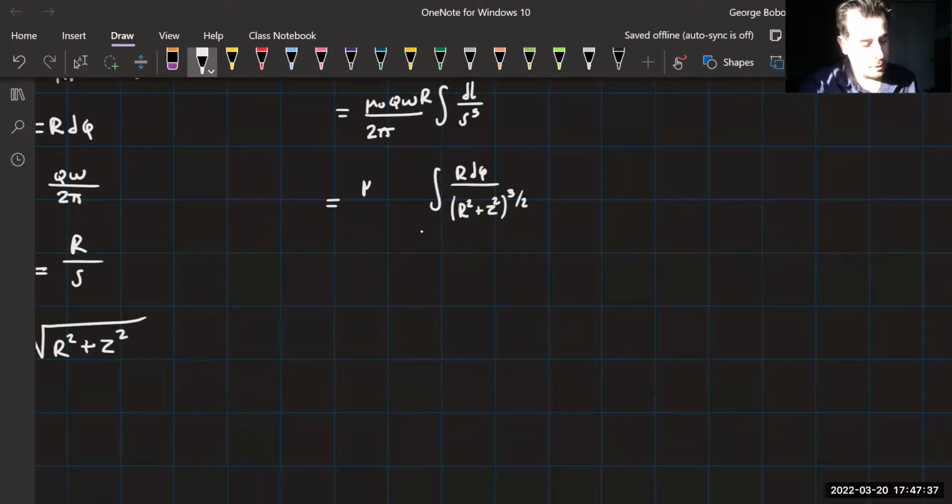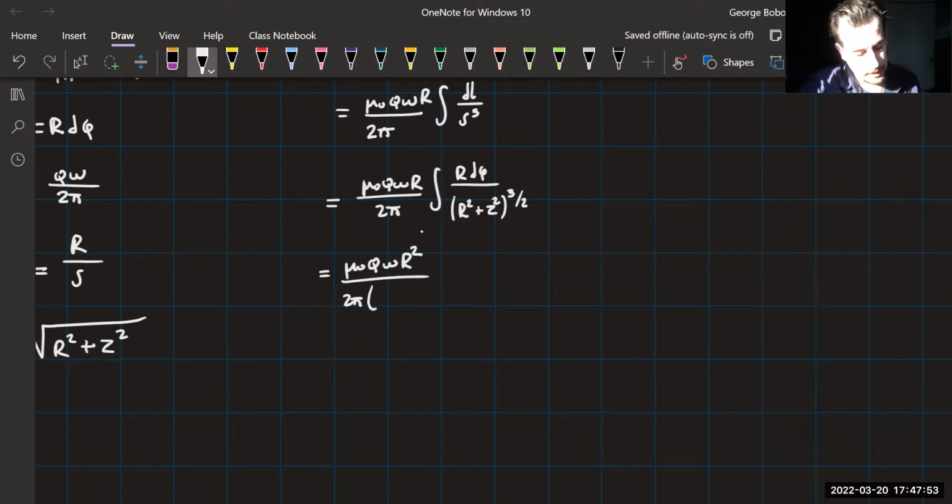However, notice that the integral is literally in terms of phi. So anything that is not phi related can be pulled outside right now. So in total, you have mu naught q omega r squared over 2 pi, and this thing here raised to the 3/2 power. And then you're only working out the integral.